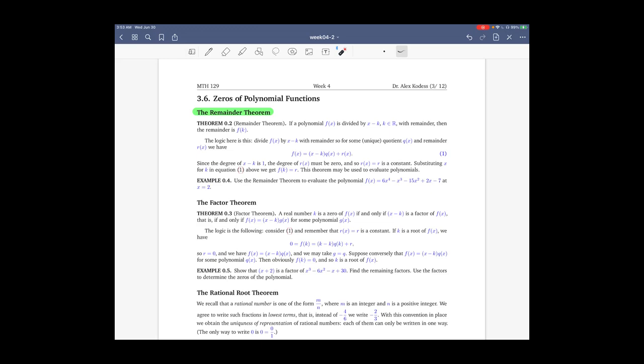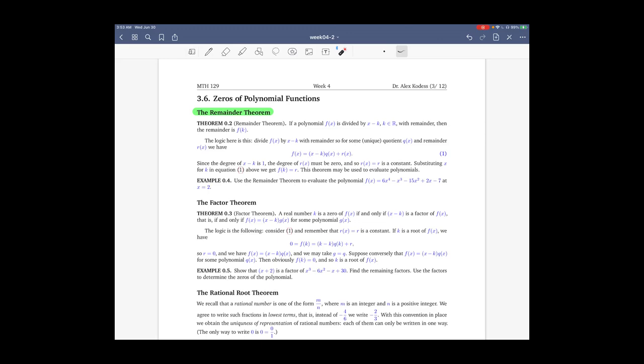Well, when we divide our polynomial f by x minus k with remainder, we learned last time that there exist unique polynomials q quotient and r remainder, for which we have f equals quotient times divisor plus remainder.